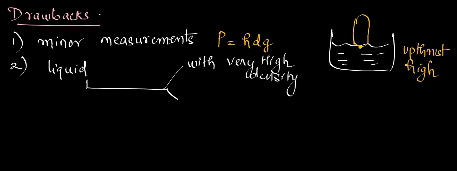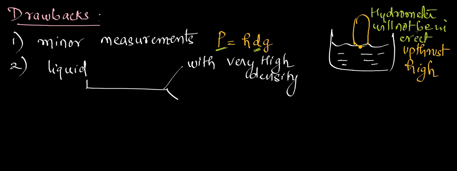Okay, so what happens when you take a liquid with very high density? In that case, if density is more, pressure is more, so upthrust will be high. Then what happens to the hydrometer? It will not be in a proper, erect position. A completely vertical position is not possible.